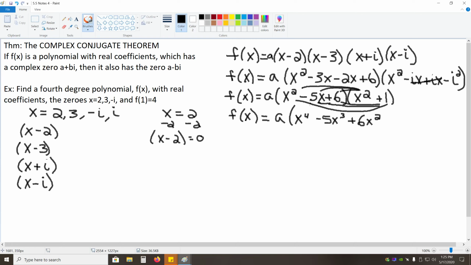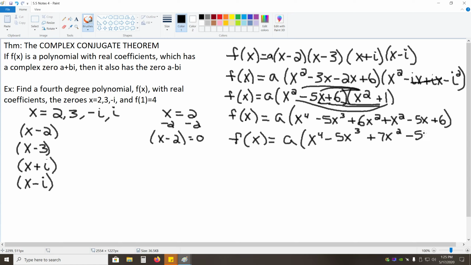And now when we distribute 1, we're just going to get all three of these terms again. So plus x squared minus 5x and plus 6. So simplifying that, we have f of x equals a times x to the fourth minus 5x cubed plus 7x squared minus 5x plus 6.